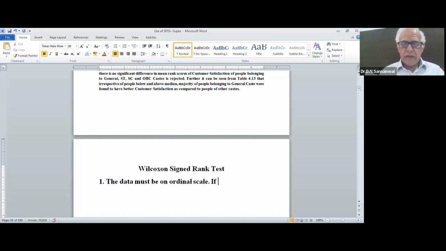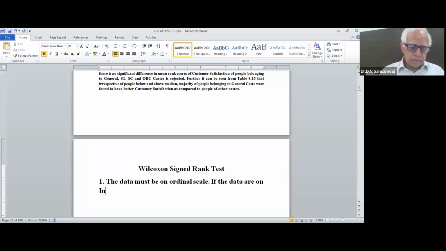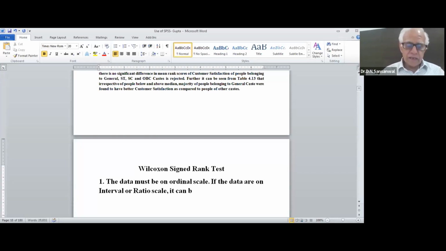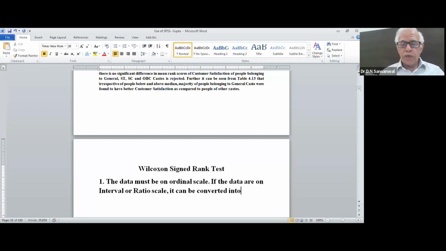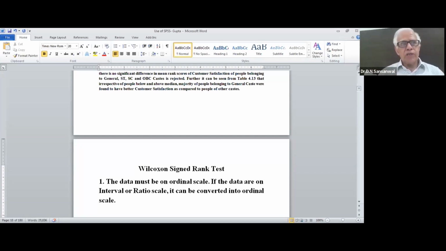If the data are on interval or ratio scale, then it can be converted into ordinal scale. So this is one important thing.